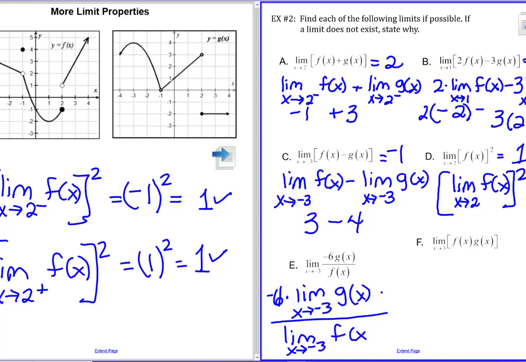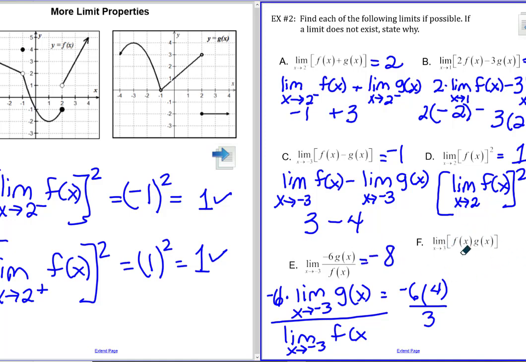And this looks like it's going to be -6 times, let's see, we're approaching -3, times 4, so -24 in the top, and f of x at -3 is +3, so 24 divided by 3 with a negative will give us -8.